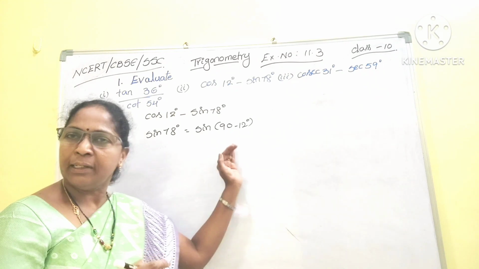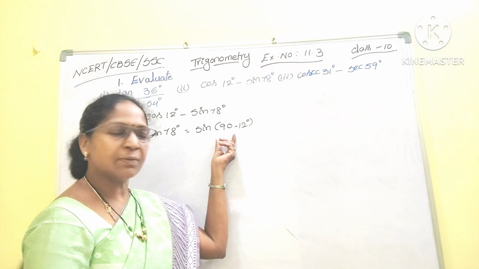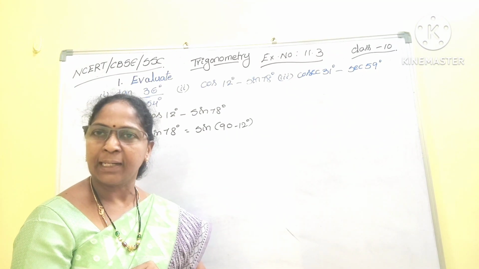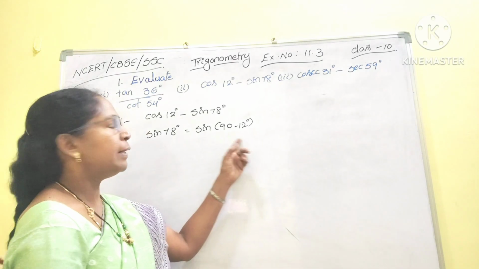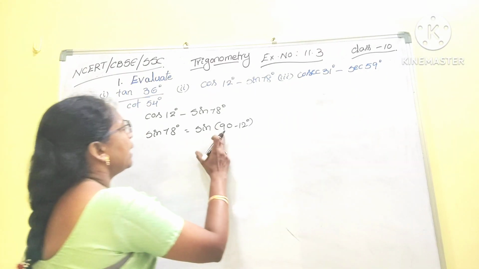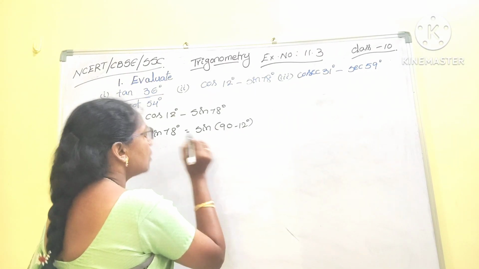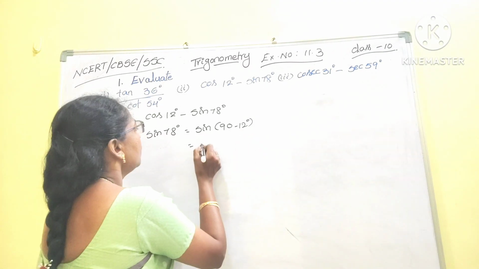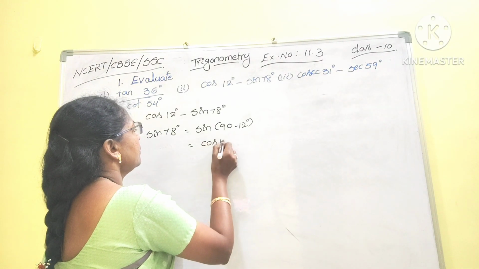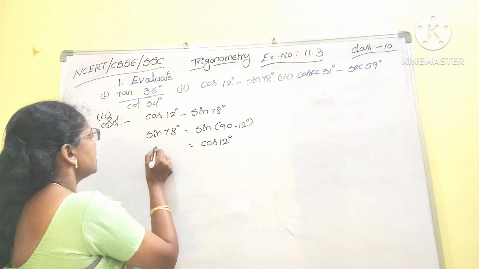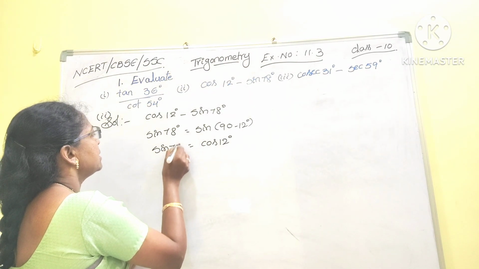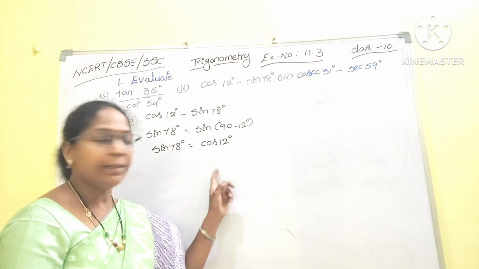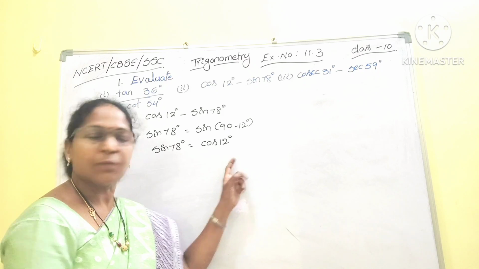Now you observe this, it is in the form of complementary angles. Now apply the complementary angle relation. Sin(90 minus theta) equals cos theta, where theta equals 12 degrees here. So sin 78 degrees equals cos 12 degrees.